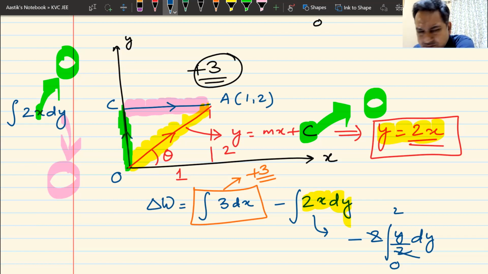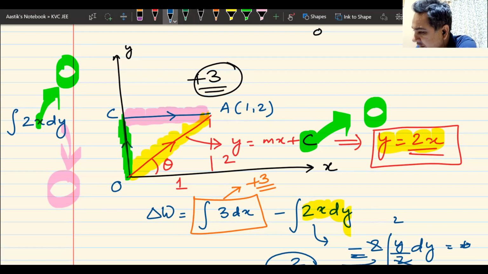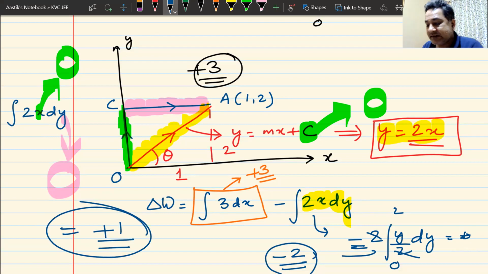I put the value of y as 2. 2 square is 4. 4 by 2, the answer is 2. So this integral is plus, no, not plus because there is a minus over here. So it becomes -2. Yes or no? The upper integral is +3. So the answer in this case becomes +1 unit. And that is the work done in this case.